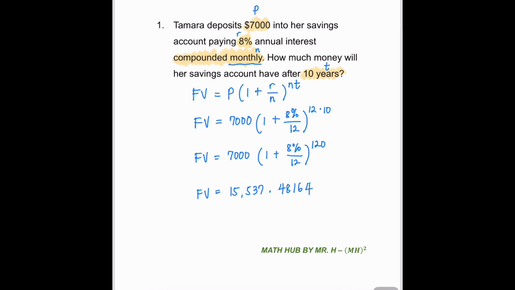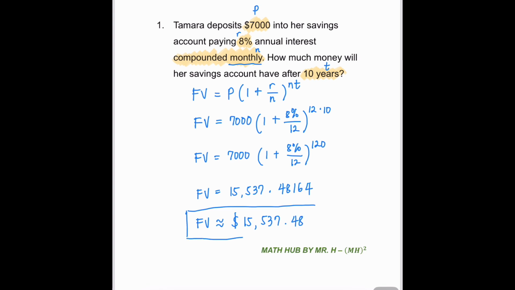15,537.48164. And since we're talking about money here, definitely you can write your final answer into two decimal places. But then again, it will always depend on the instructions, how you are asked to write the final answer. Okay, so future value approximately equal to, say, 15,537.48.